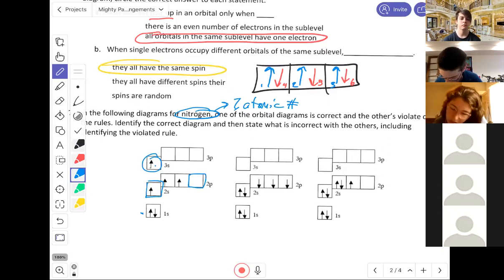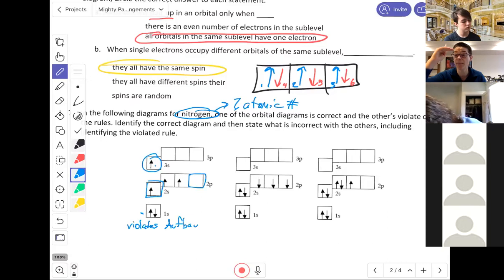So we would say it violates the Aufbau rule, right? That's the filling up. You have to fill up in order. This did not fill up. What is the other real basic thing this person did? It doesn't have enough electrons.